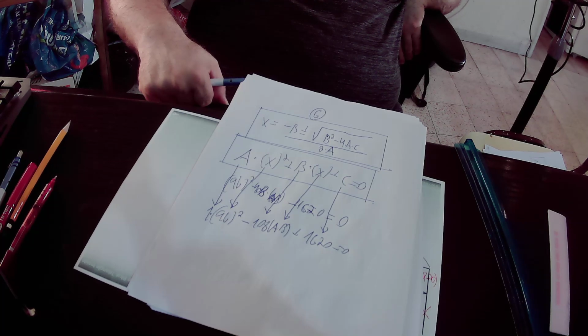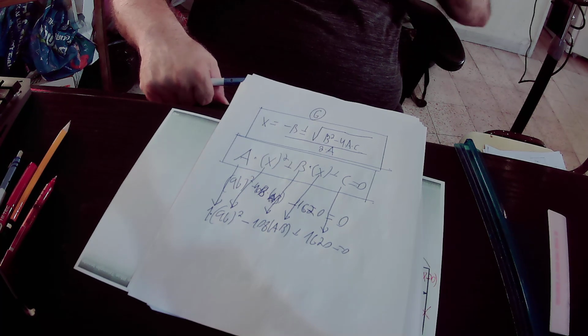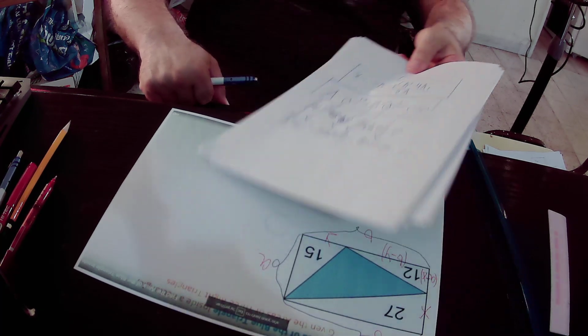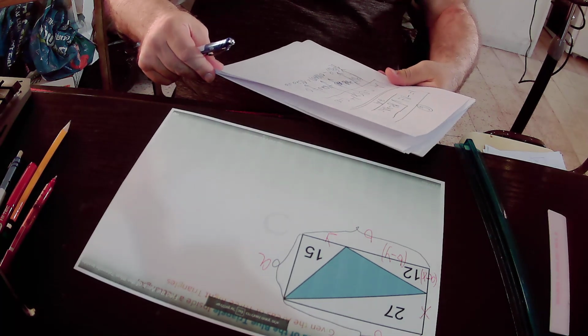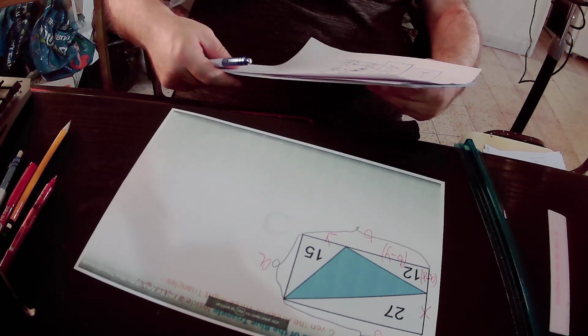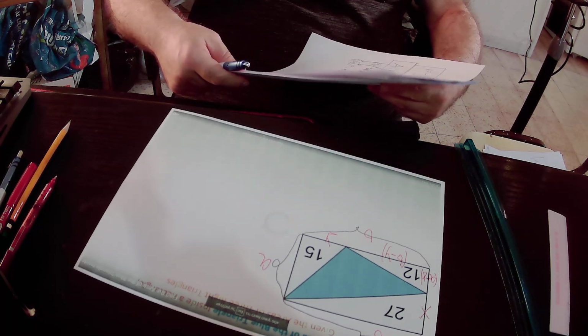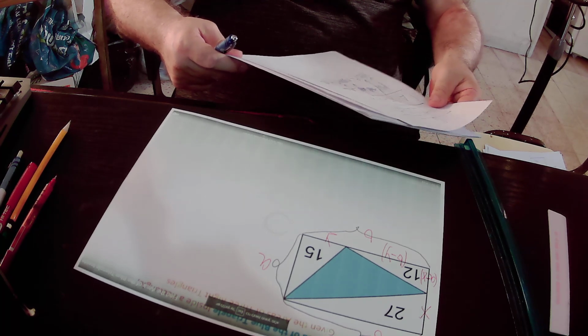Okay, so now that we know the values of a, b, c, that are the coefficients of the quadratic equation, we can use the special equation for x in order to find out the value of x.